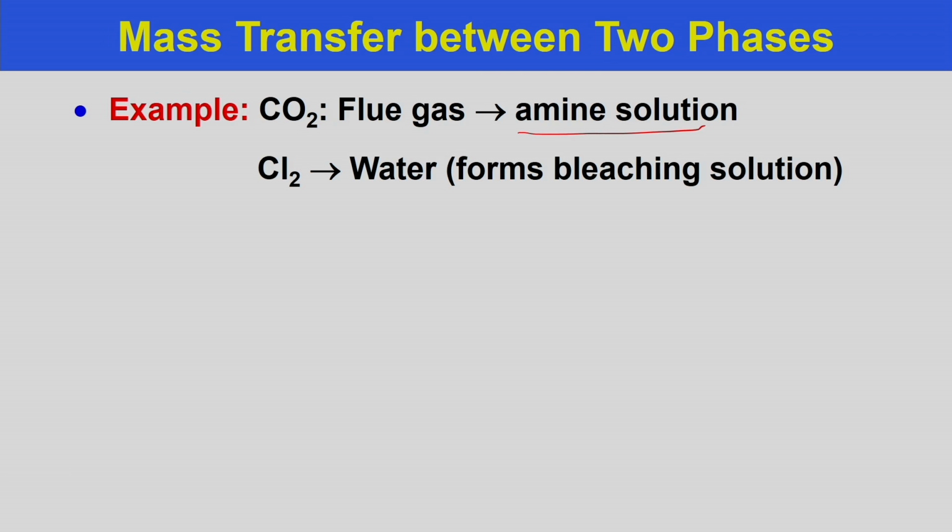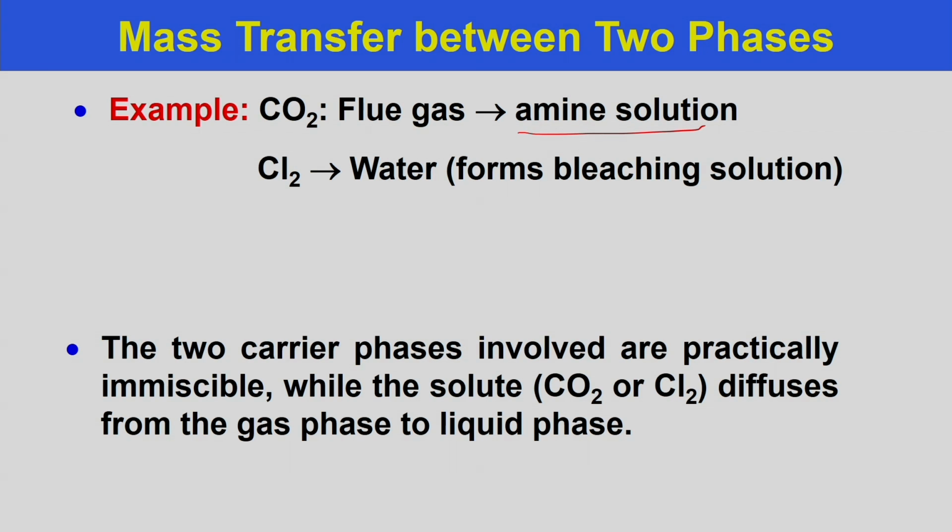Another example is chlorine gas, which has very high affinity with water and forms the bleaching solution. So, chlorine transfers from the gas phase to the liquid phase.